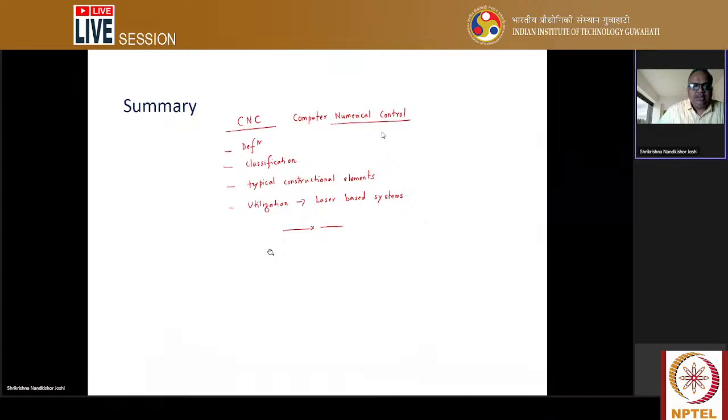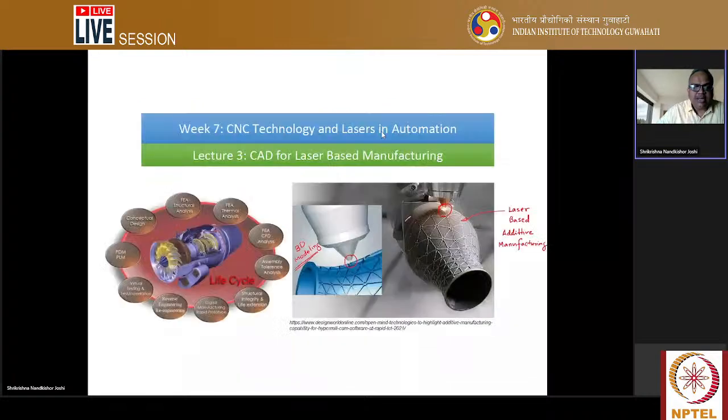Then we have seen CAD, very essential in every part of laser-based manufacturing, because ultimately we have to have some geometric model, and that geometric model has to be created in a digital environment.